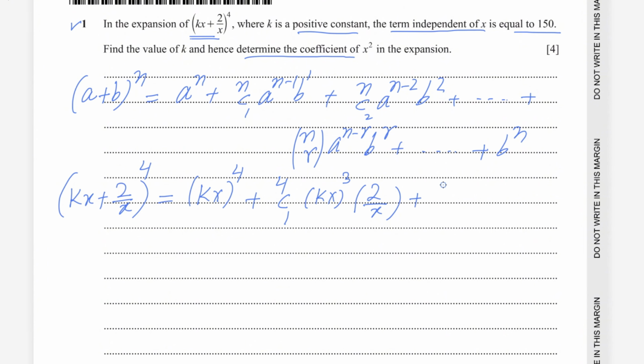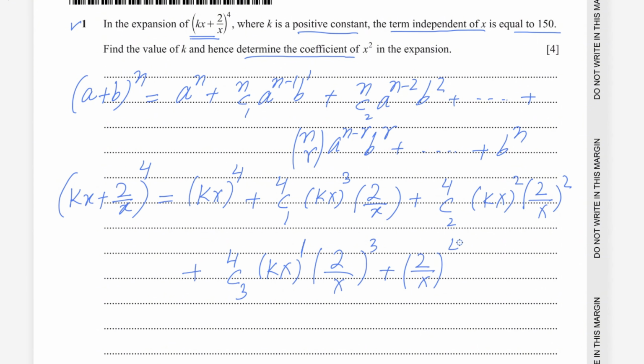And the next term we can write here: 4C2 (kx) squared, and this will be (2/x) squared. And the next term will be 4C3 (kx), only 1 power, and this will be (2/x) to the power 3, plus the last term will be (2/x) to the power 4.